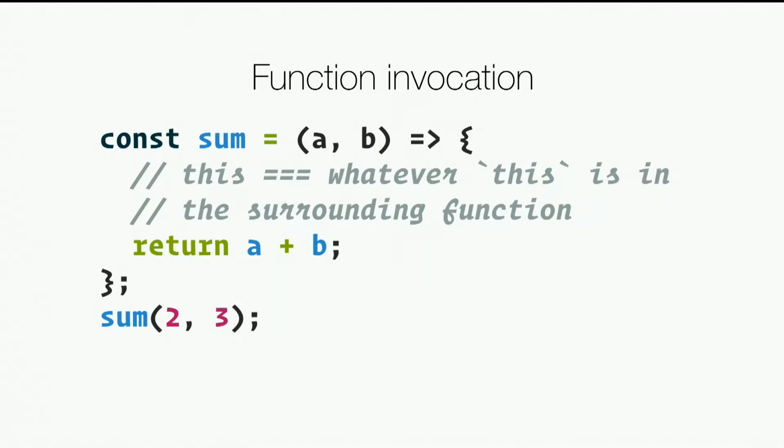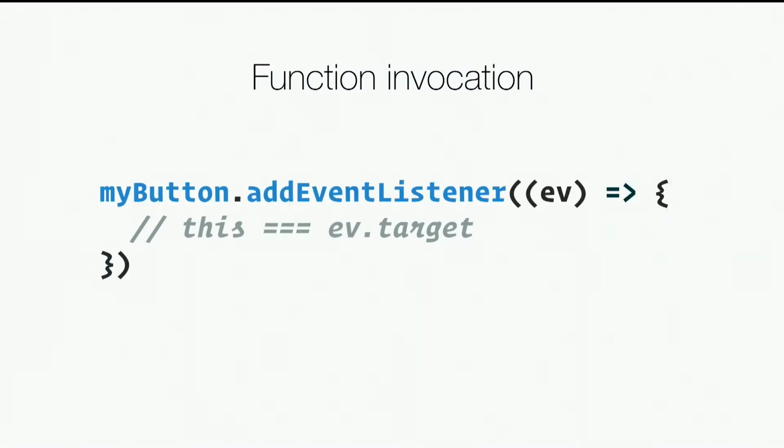It's not going to be window. It's going to be the target of the event. So, doesn't matter where you wrote it. Doesn't matter if it's a method of an object. It's going to be the target of the event, if it was called by an event. So the reason my next slide is actually a lie is because I made it an arrow function, and making it an arrow function changes that, right?